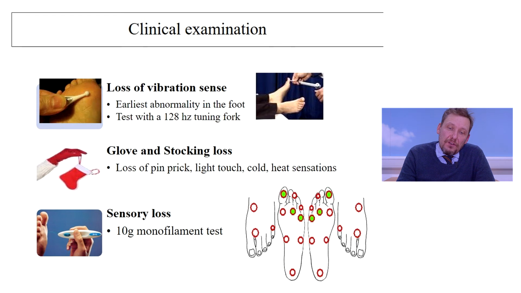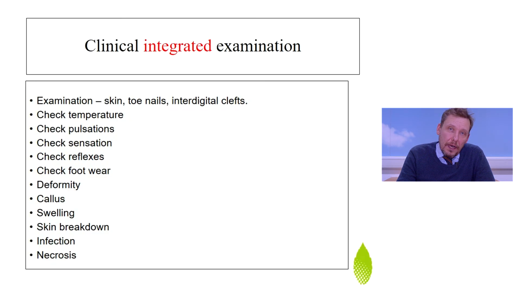Of course, there will be evidence of glove and stocking loss, which can be picked up with blunt things such as a pin prick, but perhaps more accurately, and what is recommended for use in most clinical guidelines, is a 10-gram monofilament test with 12-point discrimination. And I think certainly in our practice, we would advocate that some form of diagrammatic illustration of this is performed to enable assessment further down the line for comparison purposes.